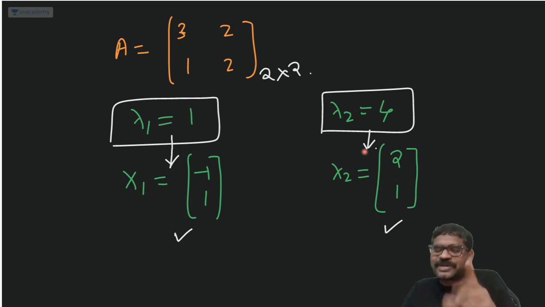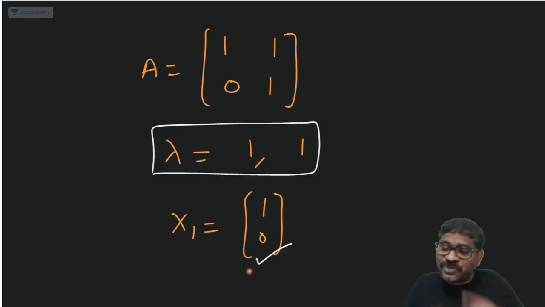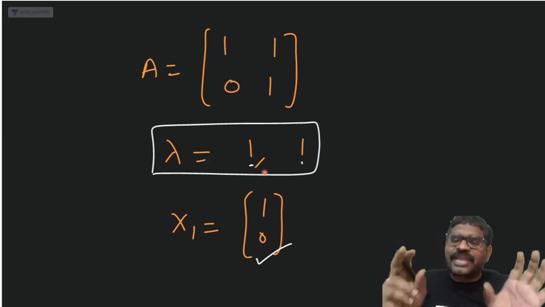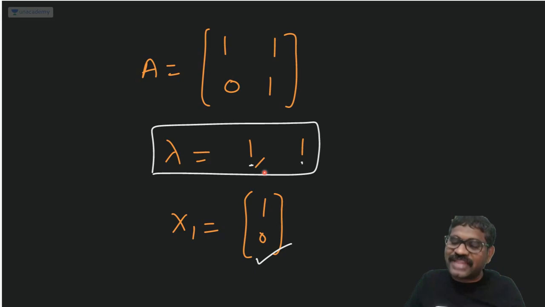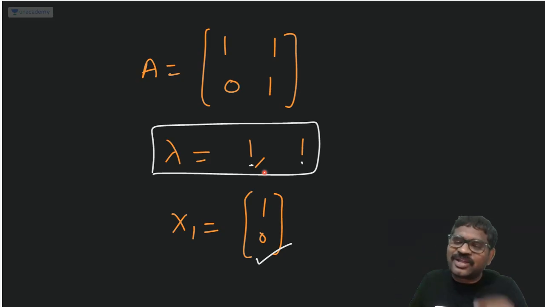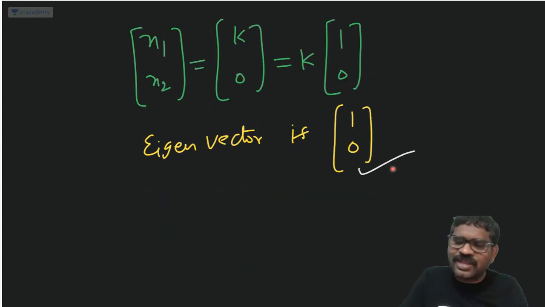Please remember, suppose your eigenvalue is repeated, I mean the same eigenvalues. Then the number of independent eigenvectors depends on free variables. Here you got one free variable, that's why you got one independent eigenvector.